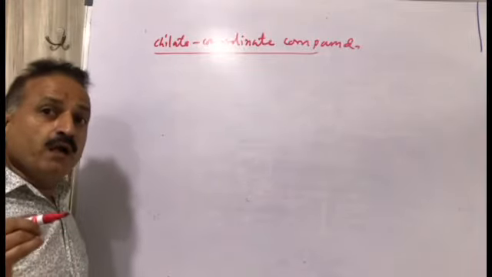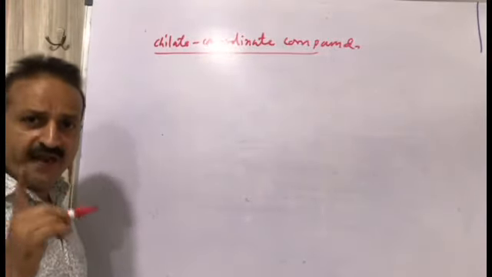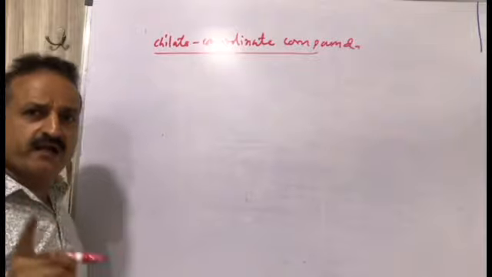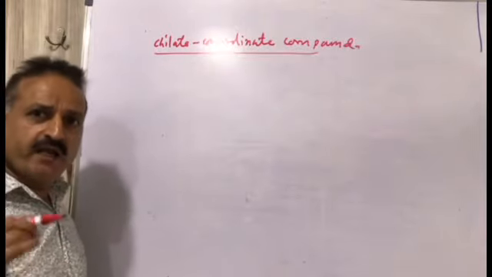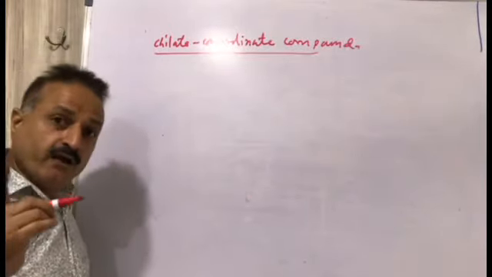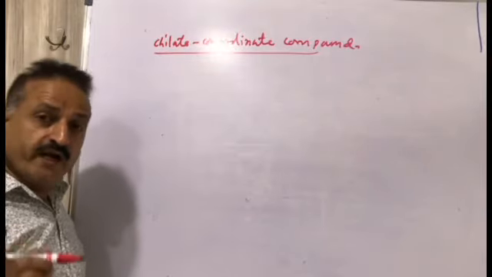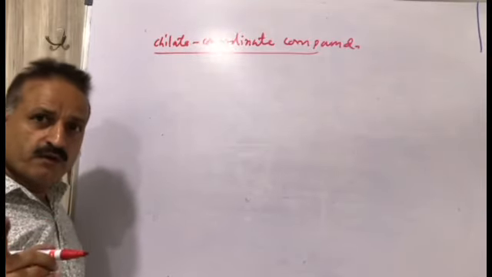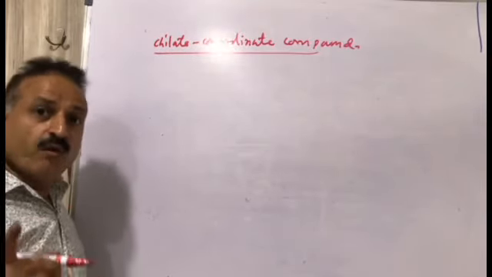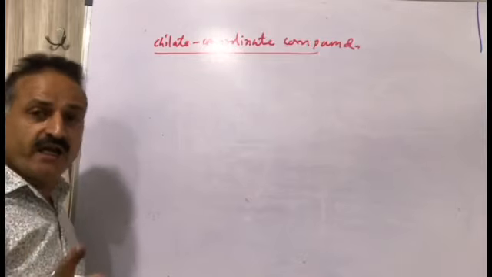All ligands except unidentate, meaning didentate ligand, tridentate ligand, hexadentate ligand, can form coordinate covalent bonds and make a cyclic structure.